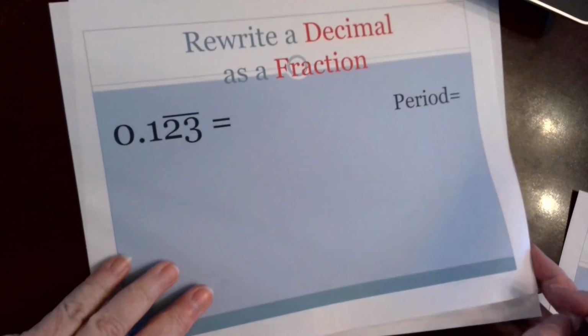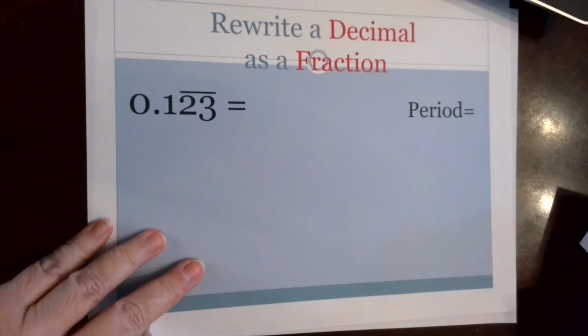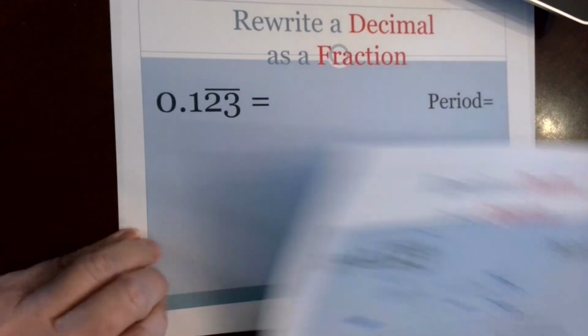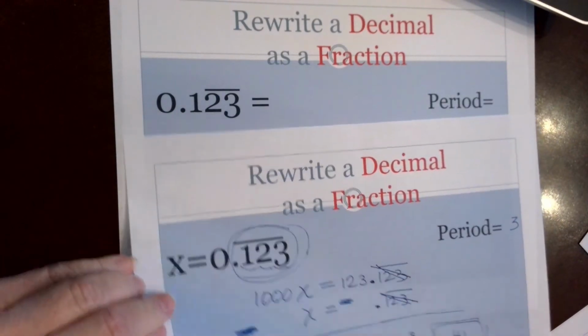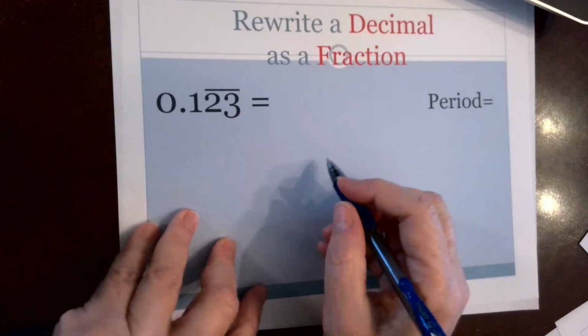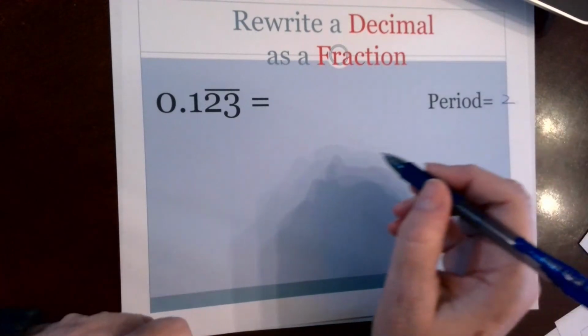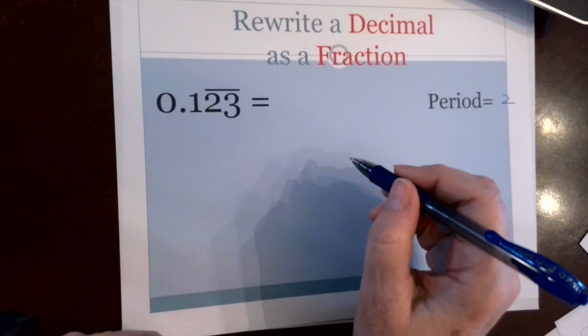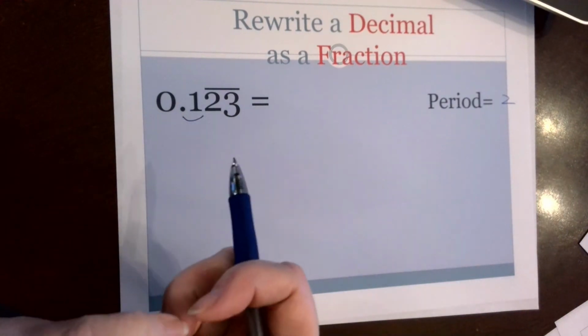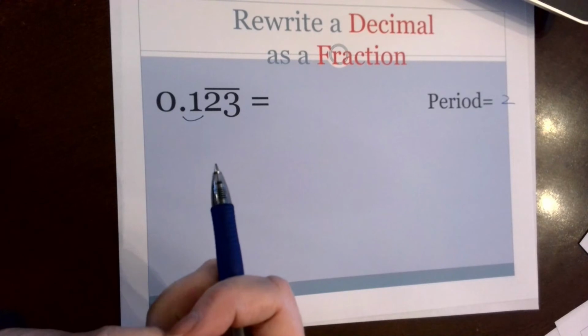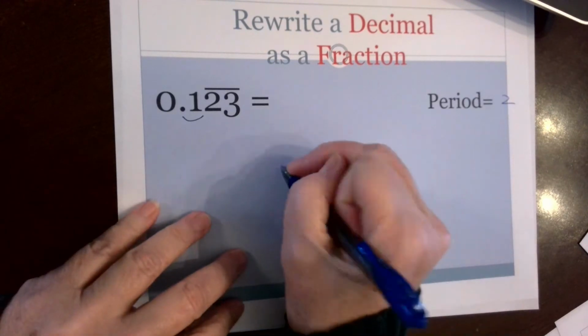This one's a little tricky. See how it's different than the first one I asked you to do? The 1, 2, 3 isn't repeating, only the 2, 3 is repeating. It's a 2-period cycle. If I move the decimal here, that wouldn't be enough to line them up and subtract.